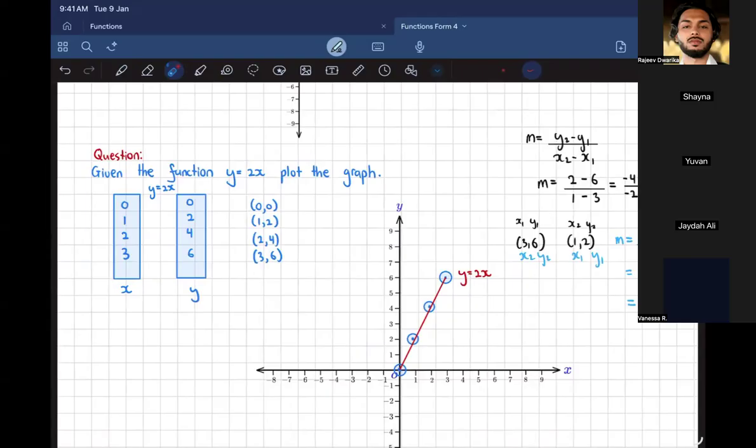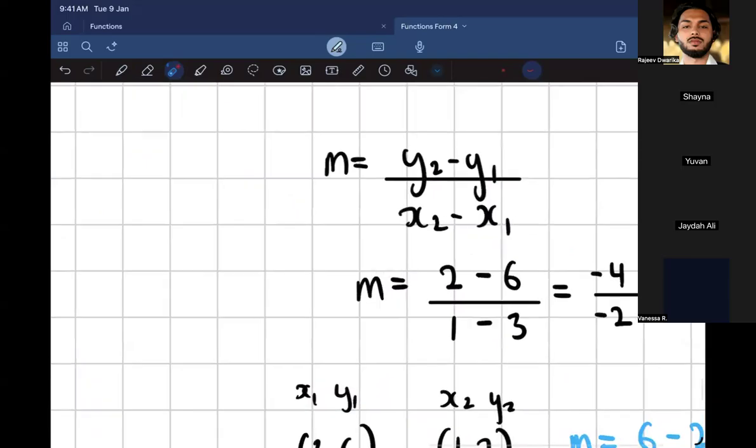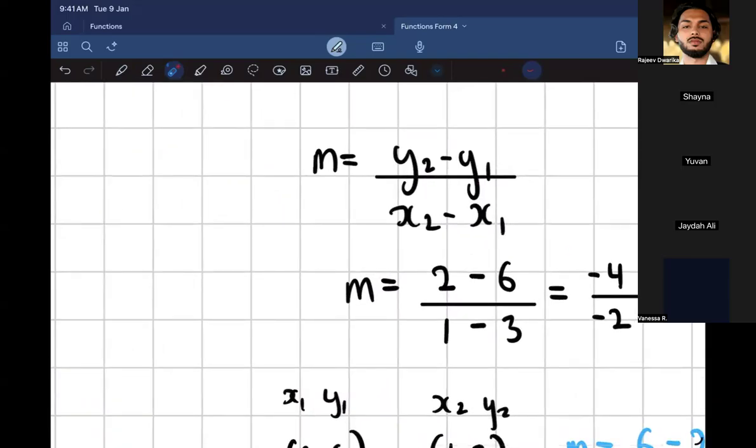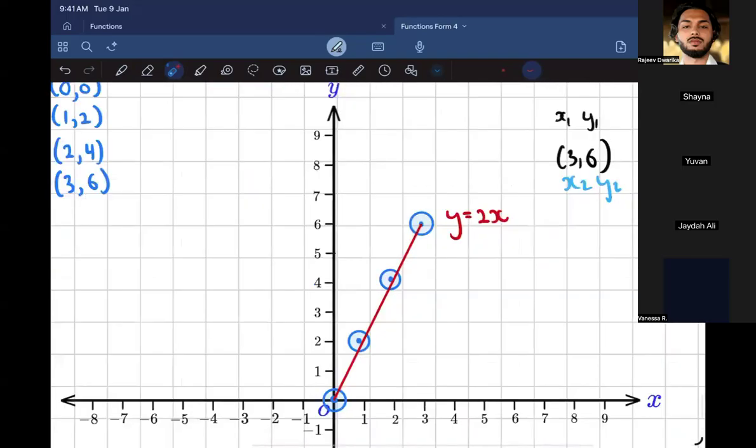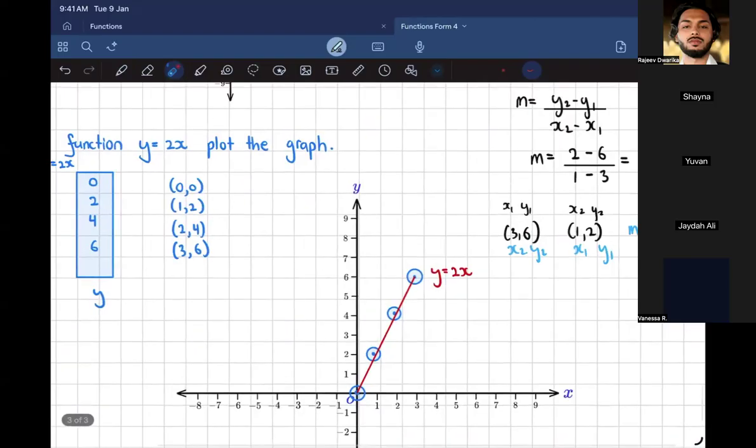And you probably hear me saying change in y over change in x. That part confuse you? Change in y? No. Okay, good. Because watch this, right? If we say that y2 is 2, and then we say y1 is 6.